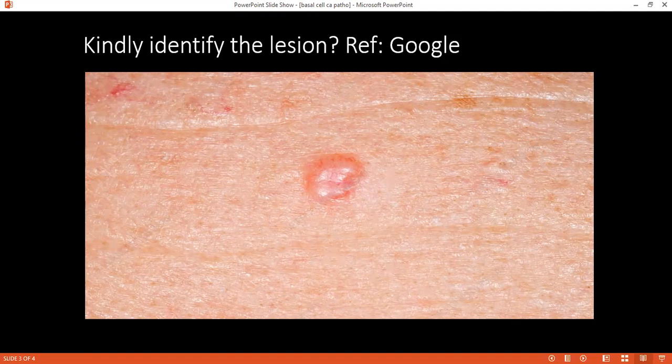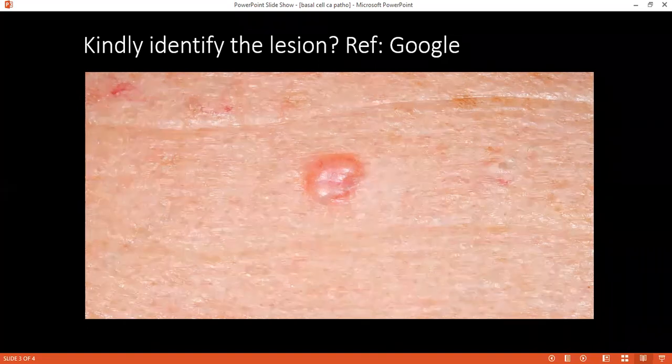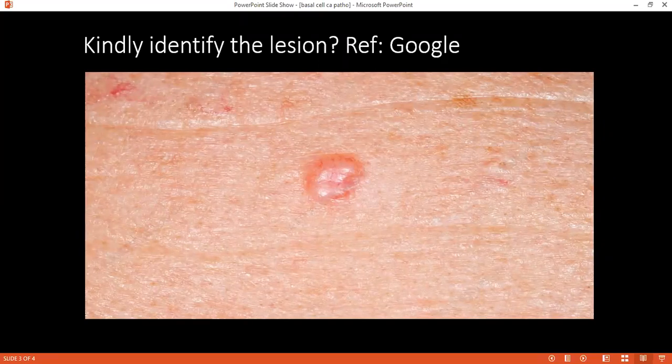Okay, it's slow growing and locally destructive, but it has limited risk of metastasizing. And it originates from the basal layer, the germ layer.